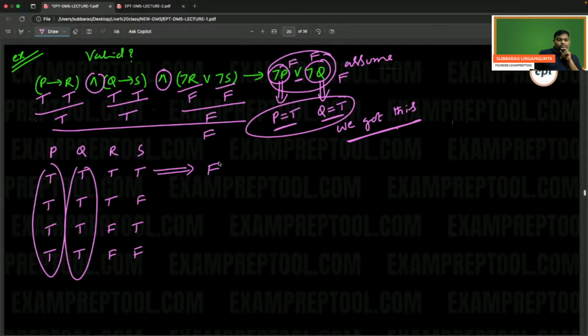Negation R is false, negation S is false. False or false is false. AND operation, if anyone fails, overall it becomes false. So the first case came false.